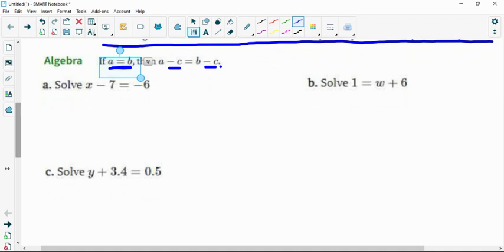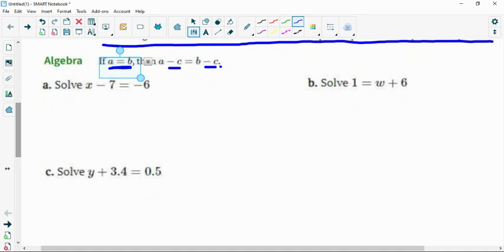We have 3 examples. For the first example, it says solve x minus 7 equals negative 6. When we're solving an equation, we are really trying to undo something that is occurring to our variable.